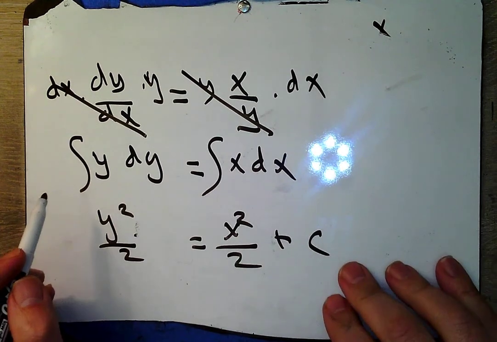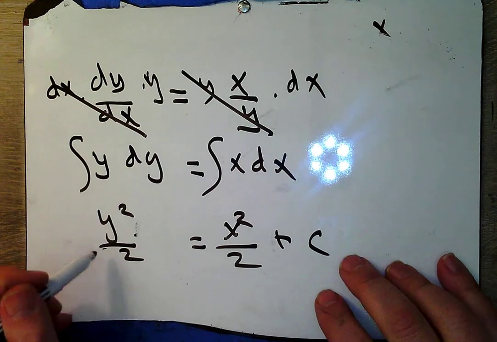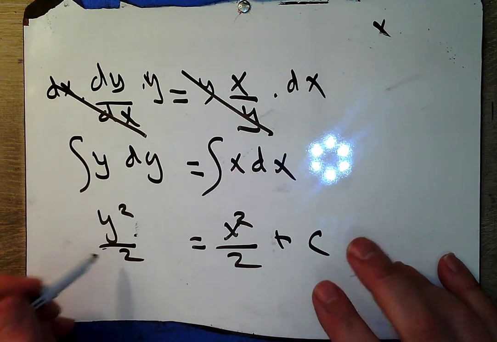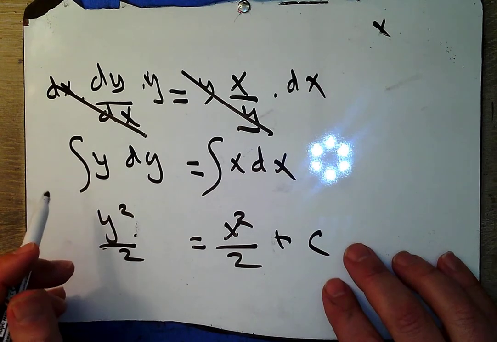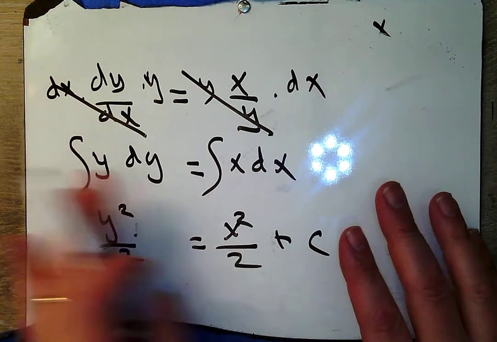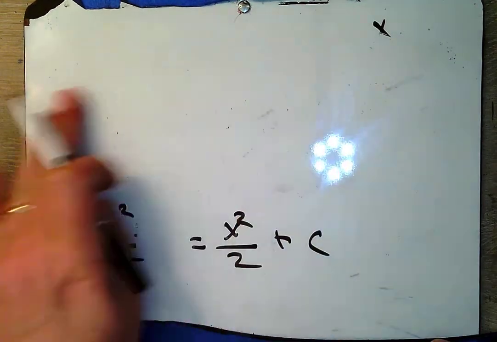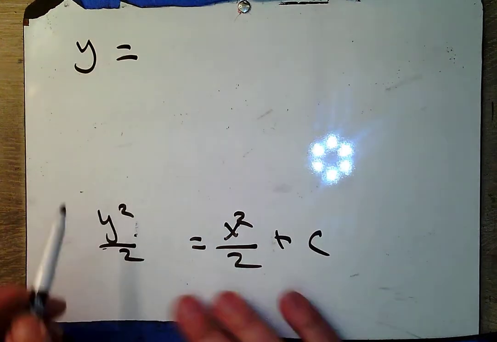Yeah. So what next? Well, this isn't quite done, is it? I mean, the problem is that usually when we solve a differential equation, we want to think about this in terms of y equals. And we're not quite there yet.